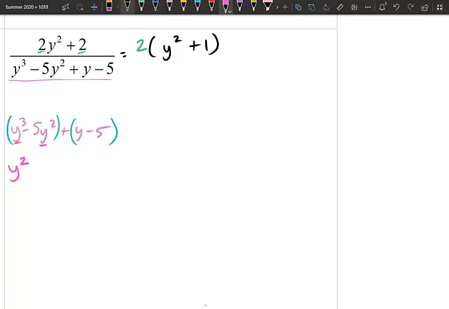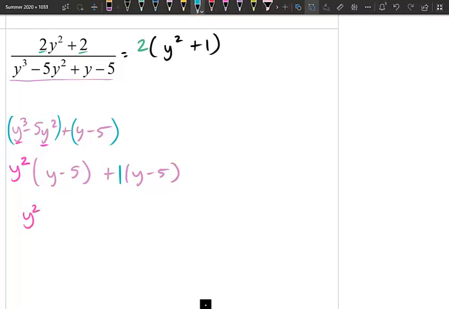So we have y squared, and when we take it out, we're left with y minus 5 plus y minus 5. There's always a 1 right there. So when we factor by grouping, we'll have y squared plus 1, and then we have y minus 5.